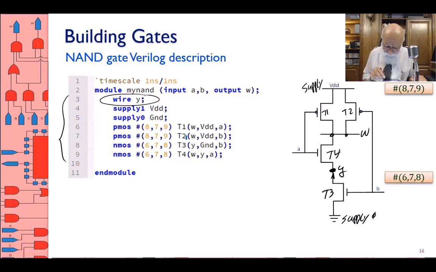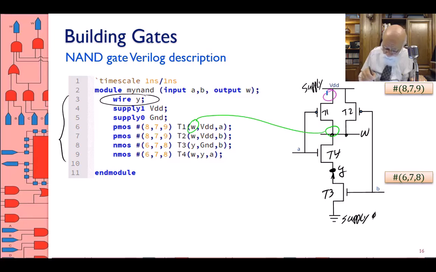And T1, okay, let's start with the output. The output is W, which is this. The input is VDD.